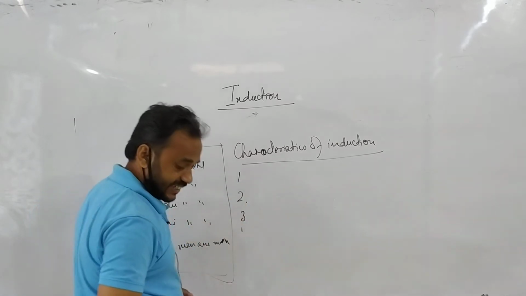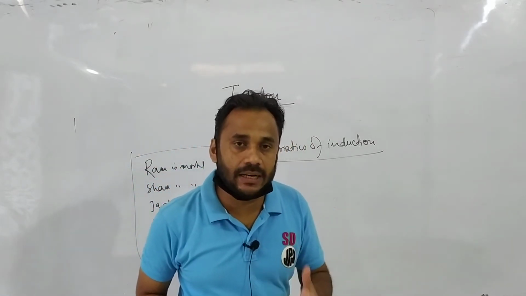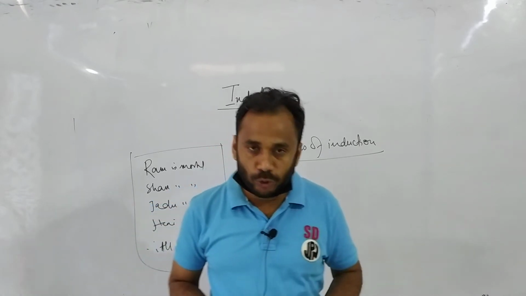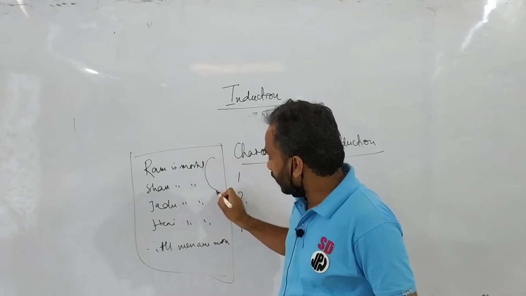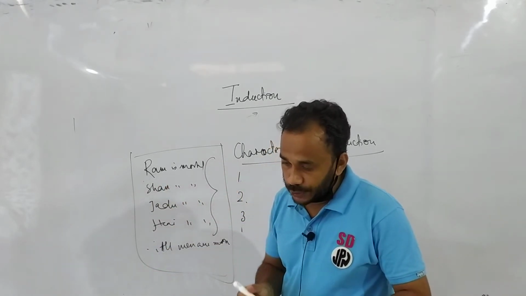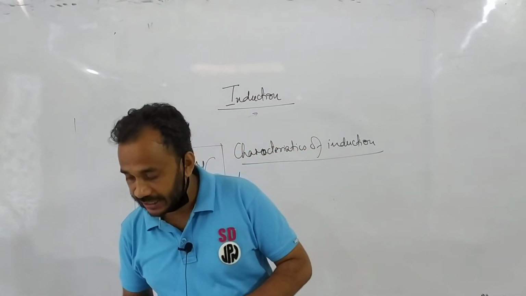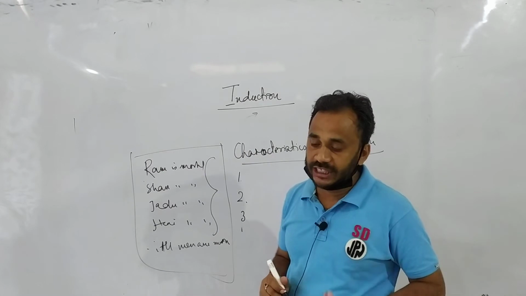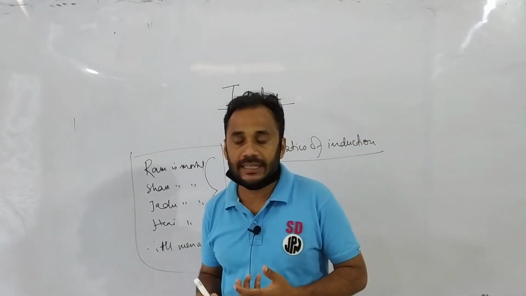The first characteristic: the aim of induction is to establish a general real proposition. So its conclusion must be more general than the premises, that means from some to all. Whereas in deduction, the conclusion can never be more general than the premises.